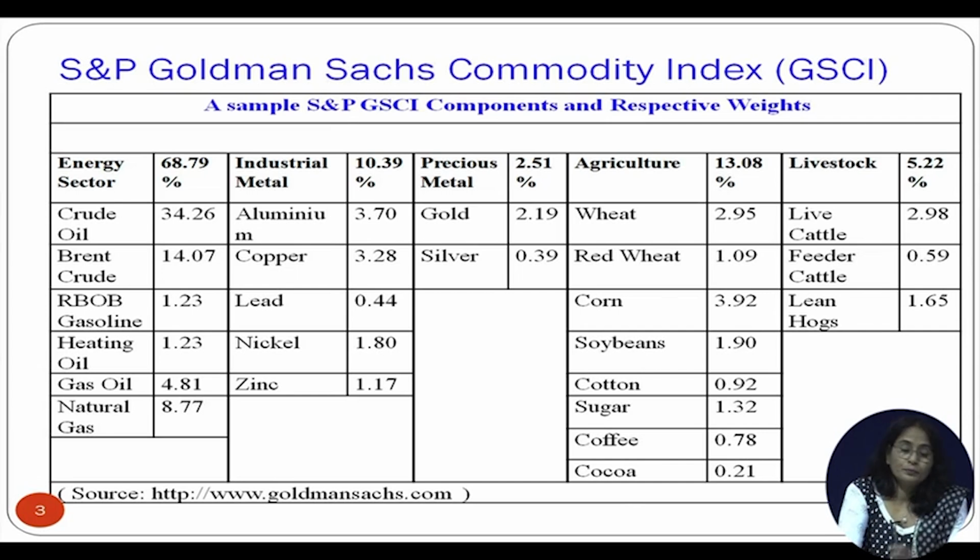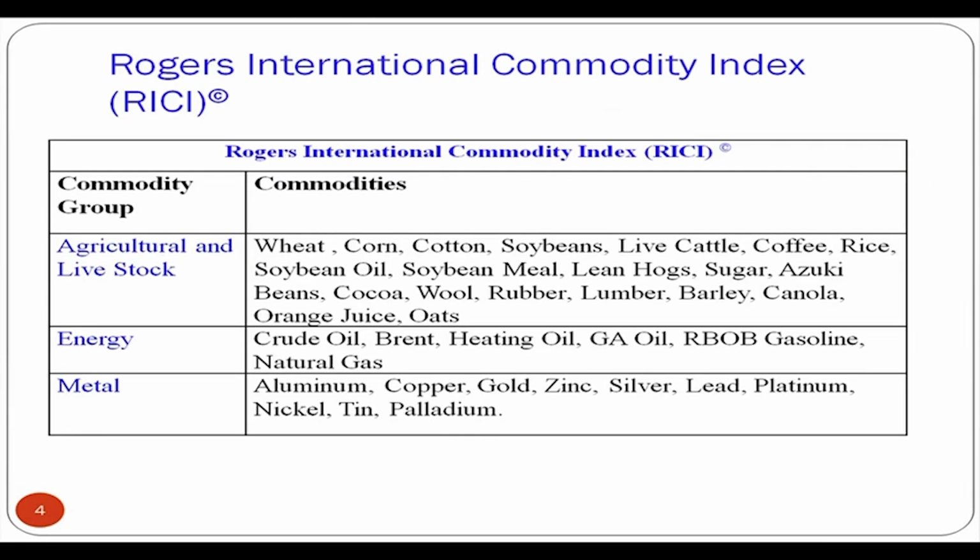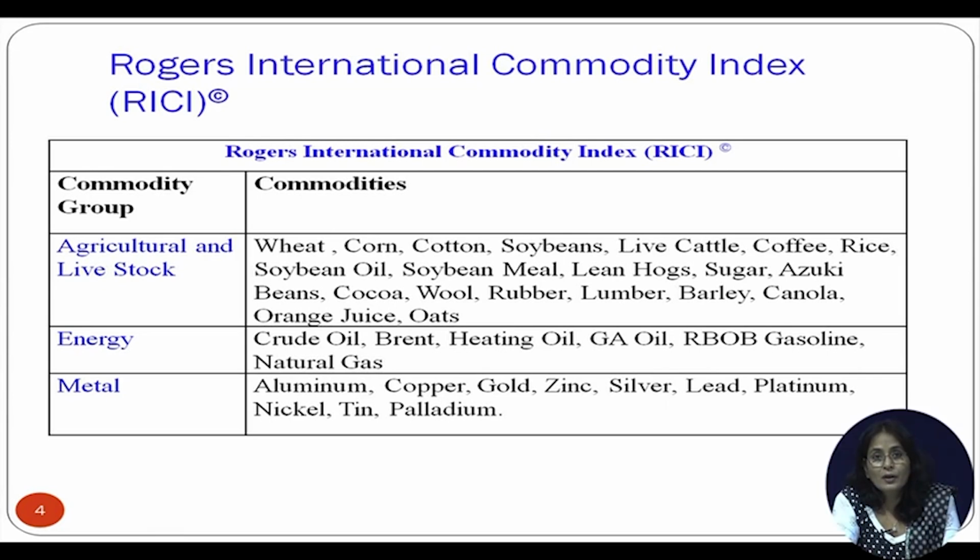Now let's go to another commodity index, the Rogers International Commodity Index. This commodity index has been created by an individual, unlike the previous one, the S&P Goldman Sachs commodity index, which is maintained jointly by S&P and Goldman Sachs.